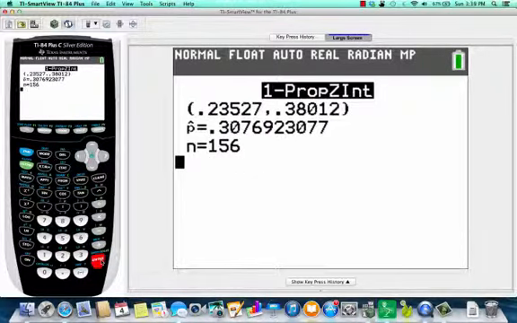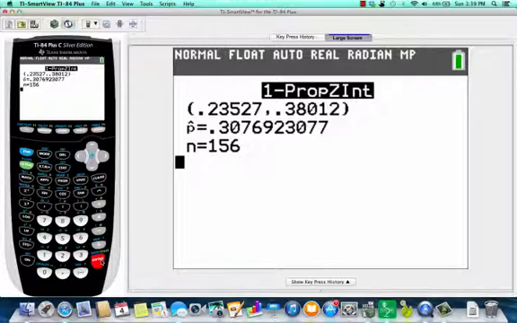So when we go to calculate, it's going to come up with our interval, which is 23.5 to 38.0. Let's see, compared to what we got, which was 23.4 to 38.2, we're pretty darn close. So considering we would have rounded some, the calculator would not, we're pretty close.